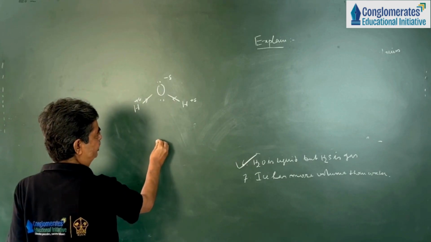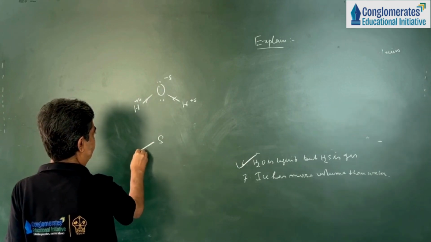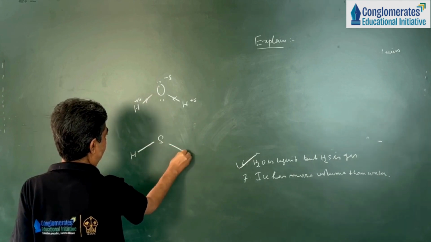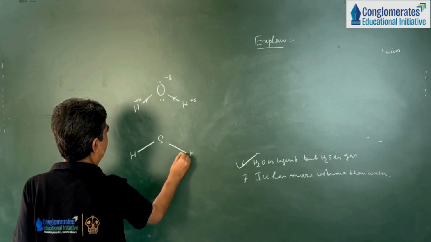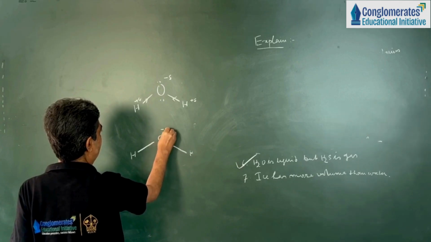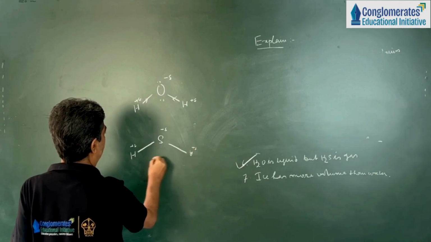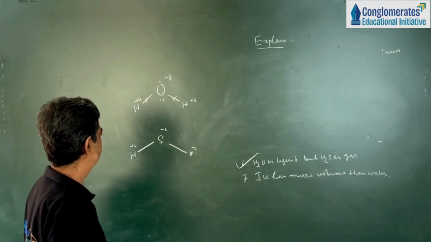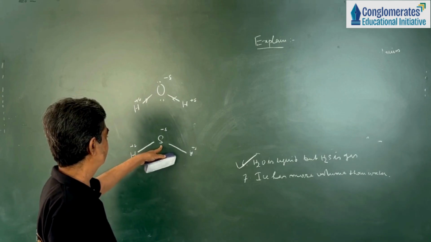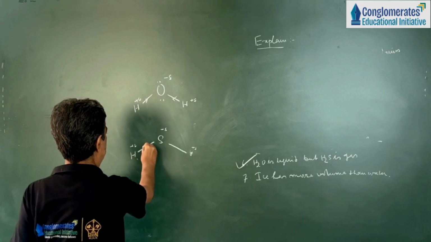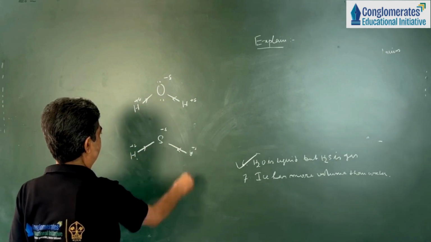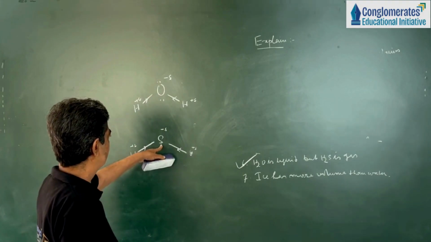In the case of H2S, if you look at the structure, it is the same angular structure. Here also we find a slightly negative charge on sulfur and slightly positive charges on hydrogen, because hydrogen is less electronegative than sulfur. Since sulfur is more electronegative, the bonding electrons will be shifted towards sulfur in both cases, making this atom slightly negative.